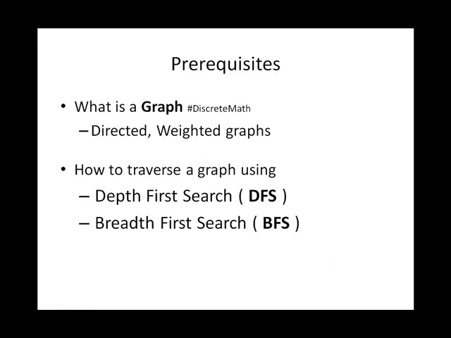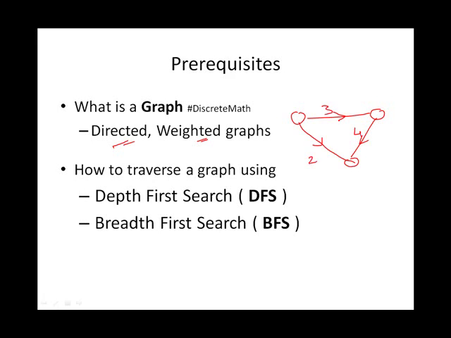If you have seen the previous lecture, you pretty much have the basics already. All you need to know is what a graph is and what types of graphs there are. What we are looking at in this lecture is directed and weighted graphs. So we have graphs and each edge has a sense of direction and also some weight associated with it.